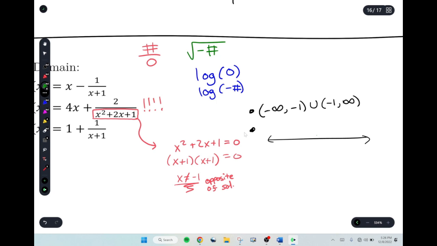And you would just take this spot at negative 1, put a circle, and it would probably look like that. But that's multiple choice. You're not filling it out. I'm just saying that's what that kind of looks like. Some other people might write it as all real numbers except for negative 1. Not on your test, just a math note.